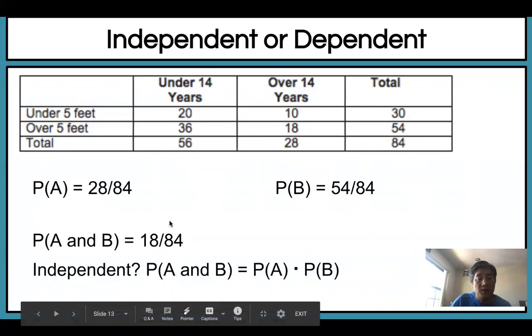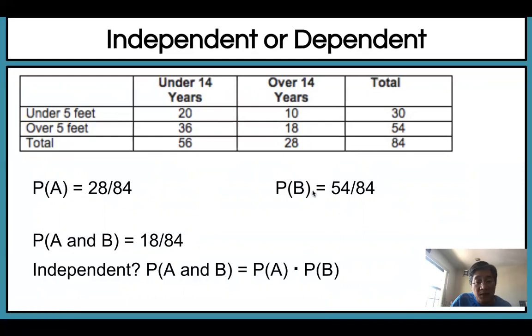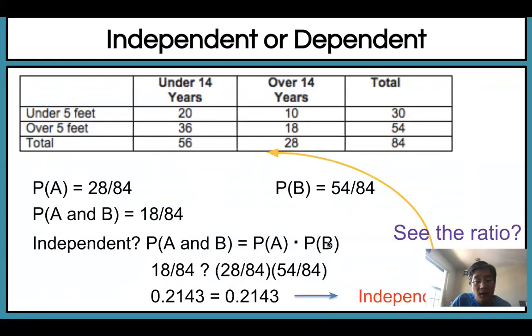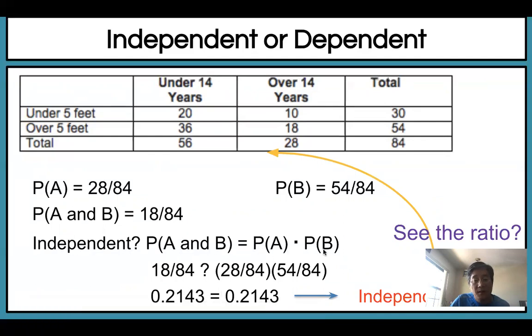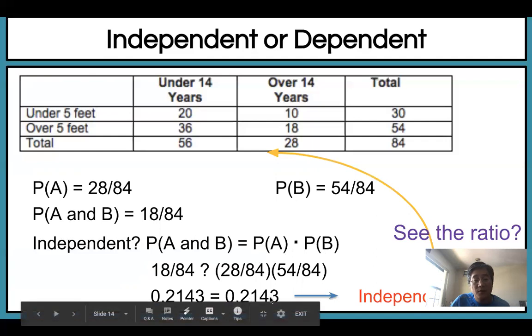So now, 18 out of 84 is equal to the probability of A times the probability of B. Can you write it down, put it into the calculator and compare? Are they equal? 18 out of 84 is 0.2143. P(A) times P(B) is also 0.2143.